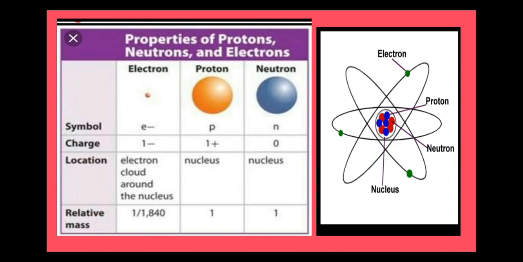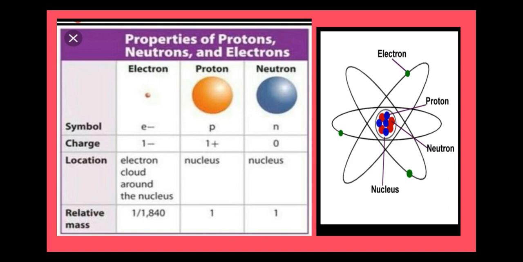For symbols: the electron is represented by a small e with a negative charge, the proton by P with a positive charge, and the neutron by N. The electron has a -1 charge, the proton +1, and the neutron is chargeless.